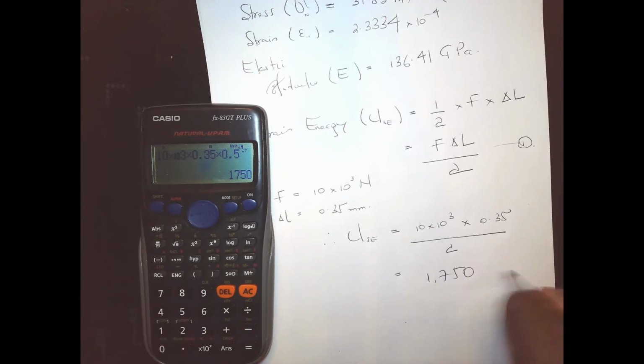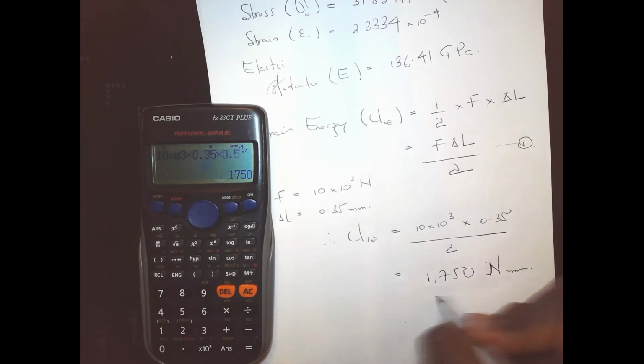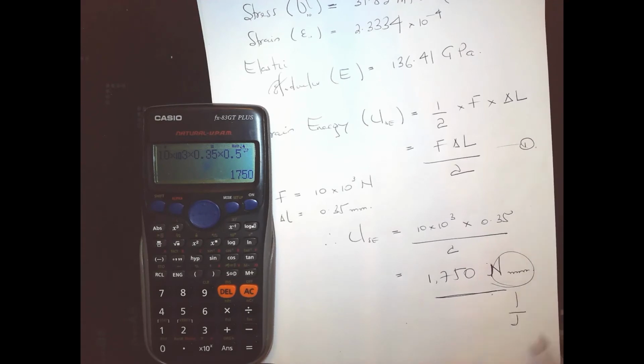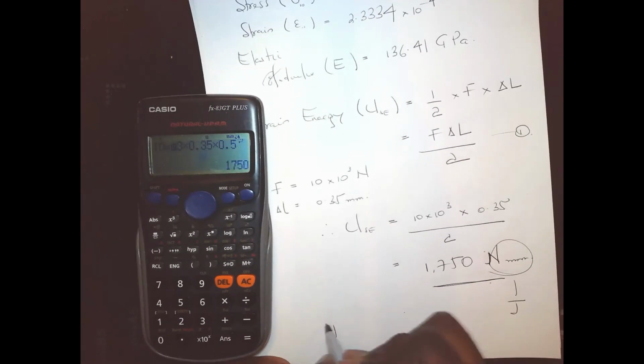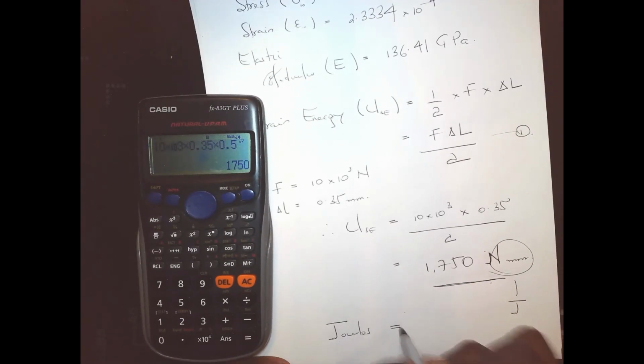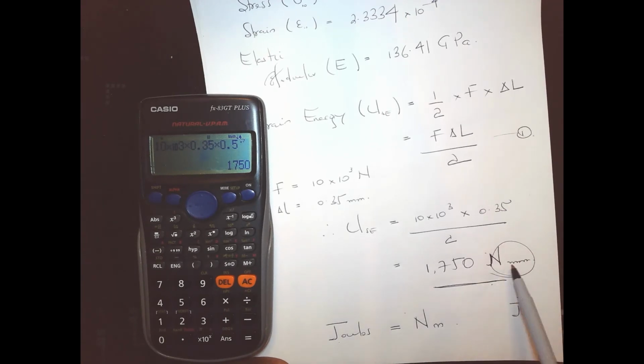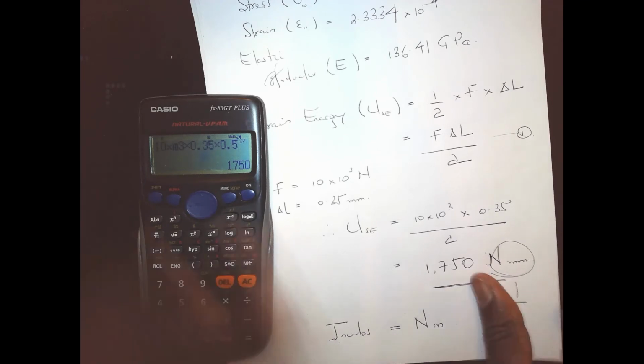1,750 Newton millimeter. Okay, but we need to change that so that we can convert the unit into joules. Okay, and joules is the same as Newton meter. But to change that from millimeters to meters, we have to divide that by 1,000.